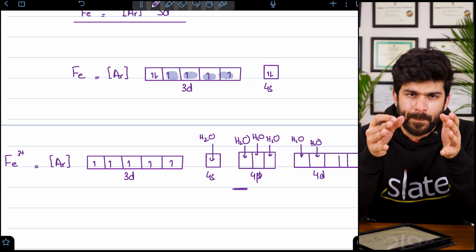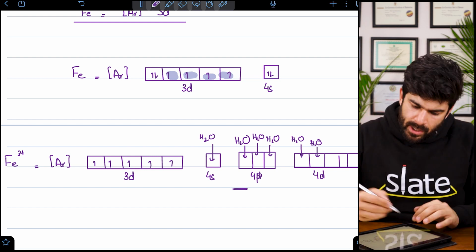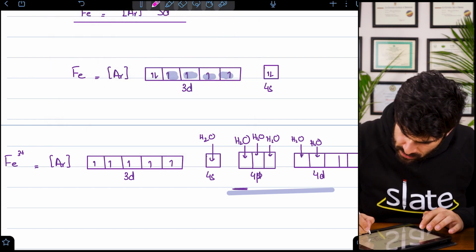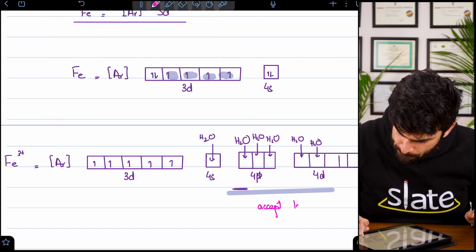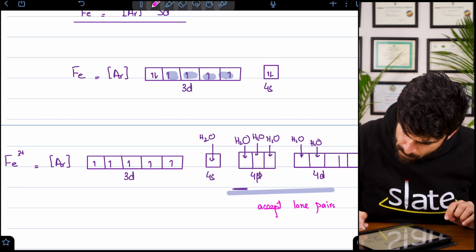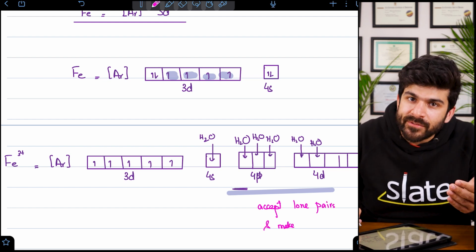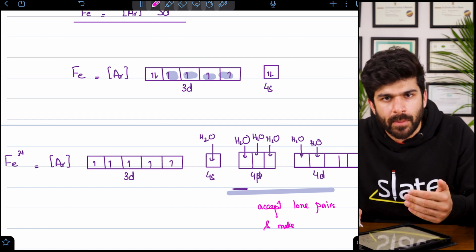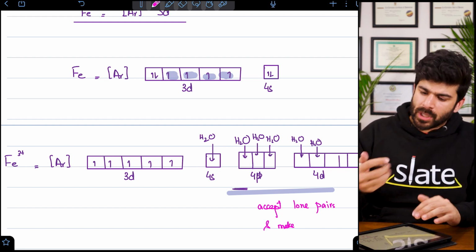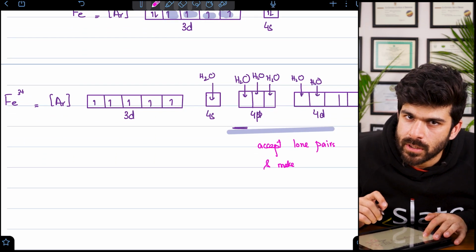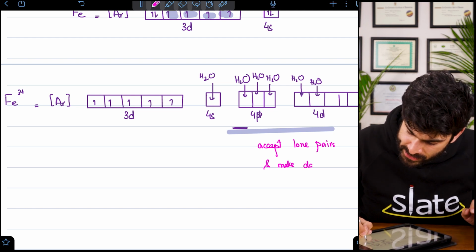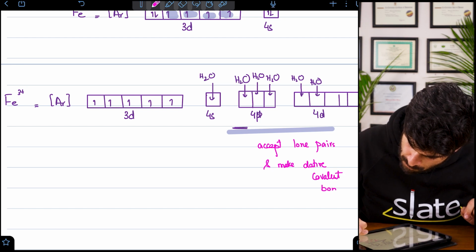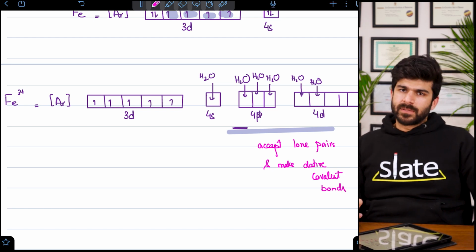So 4s and 4p and 4d can help us accept lone pairs and make dative covalent bonds, because that is the purpose. Ligands, dative covalent bond. Coordination numbers, dative covalent bonds. So when we talk about complexes, we are not talking about simple bonds. We are talking about dative covalent bonds, students. So that is what it is.